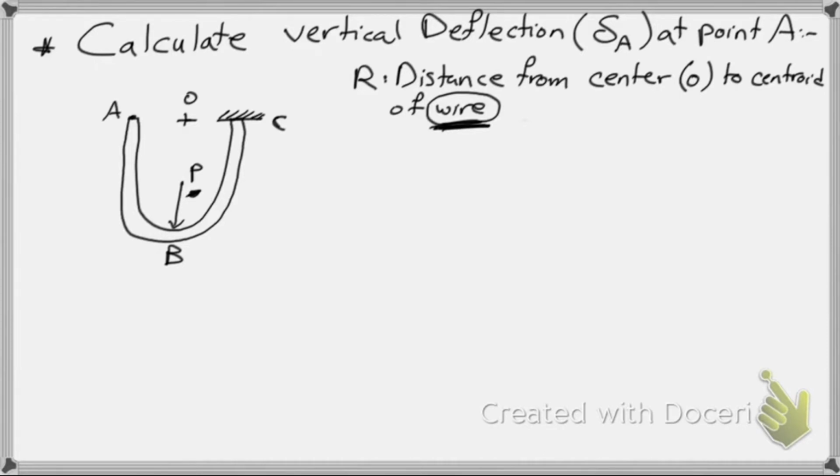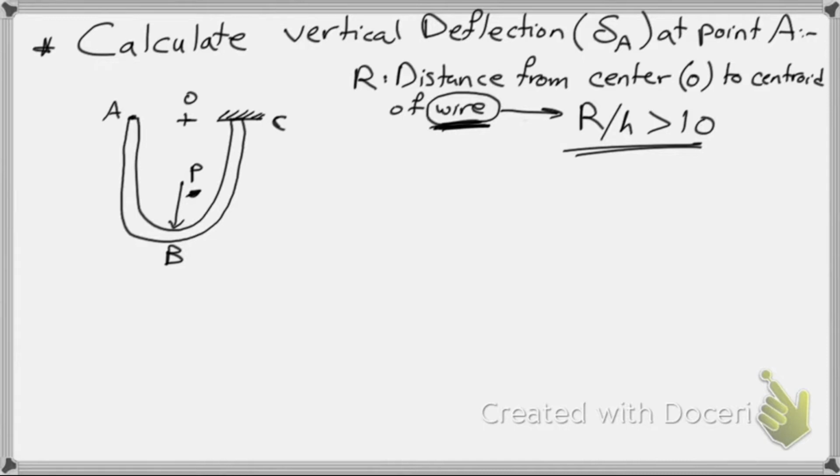So when the problem states it's a wire, it means that the radius R over the thickness is larger than 10. So when this holds, you have a wire, and you only consider the bending moment when you're trying to find the deflection.